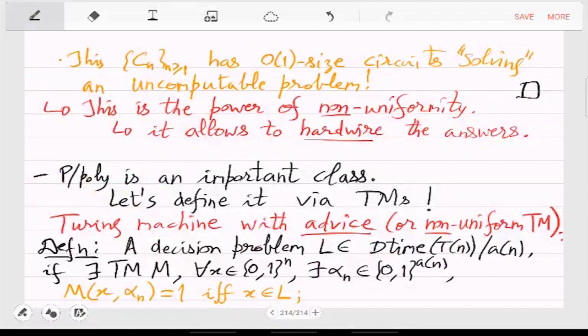Okay, so basically alpha n is some kind of a certificate, and when it is provided, then M will be able to identify x as a yes or no string.